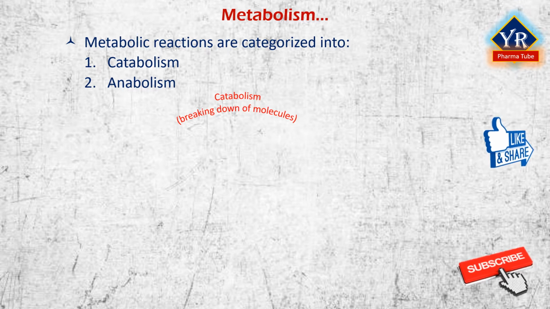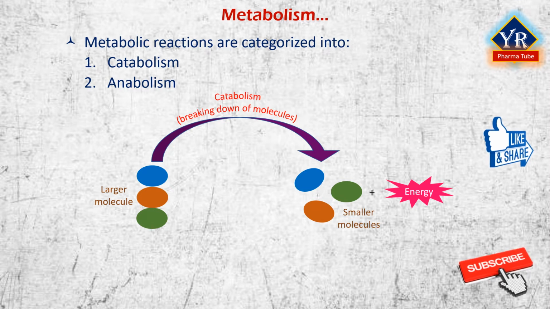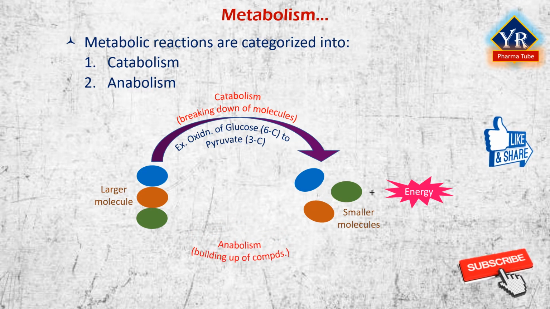Catabolism is all metabolic reactions in which large biochemical molecules are broken down into smaller ones. Catabolic reactions usually release energy. For example, the reactions involved in the oxidation of glucose to pyruvate are catabolic reactions. Anabolism is all metabolic reactions in which small biochemical molecules are joined together to form larger ones.